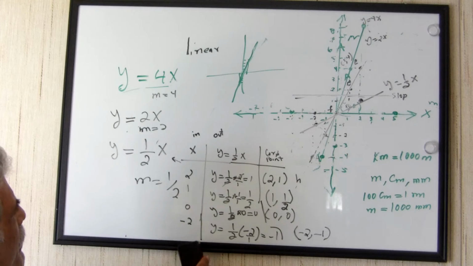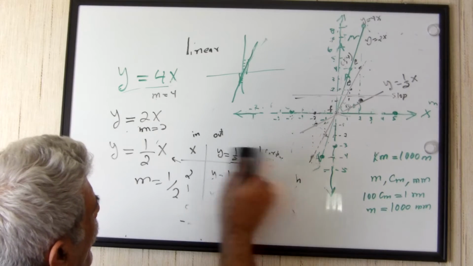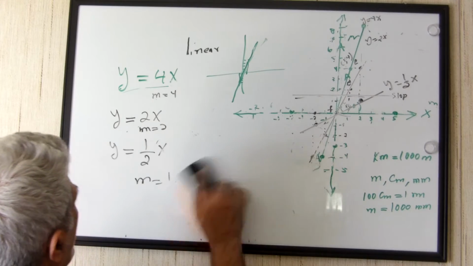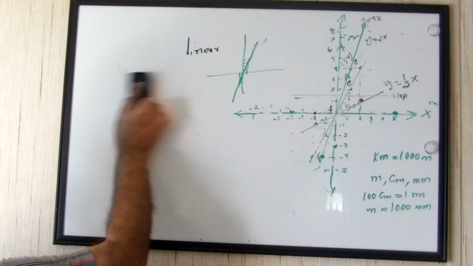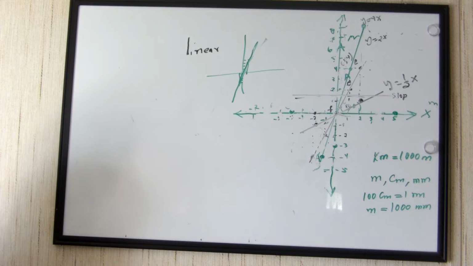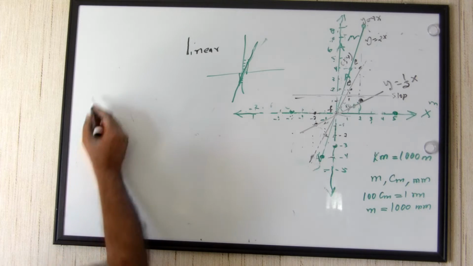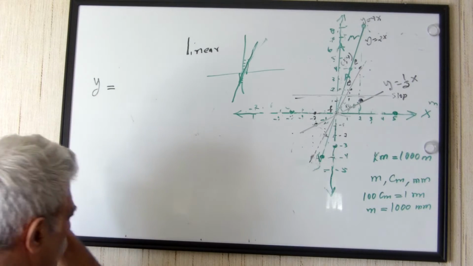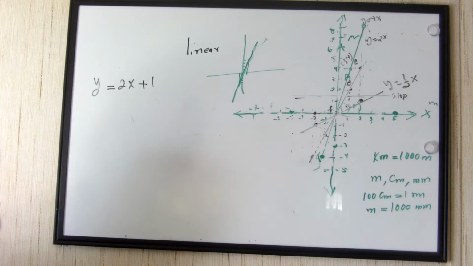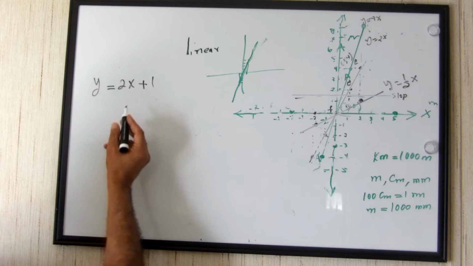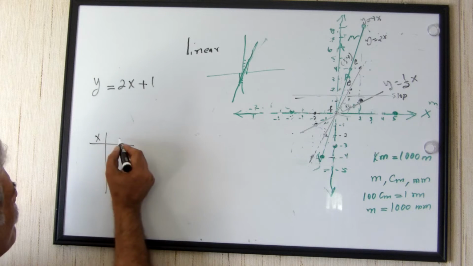Just before we get into how to find the slope, we draw some other equations. It's like y is equal to 2x plus 1. We do it the same way. If you want to draw this, what are you going to do? We make a table. We have x here, we give a value to x and find the y value.